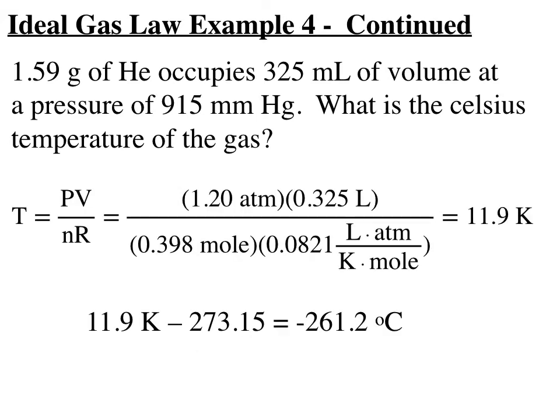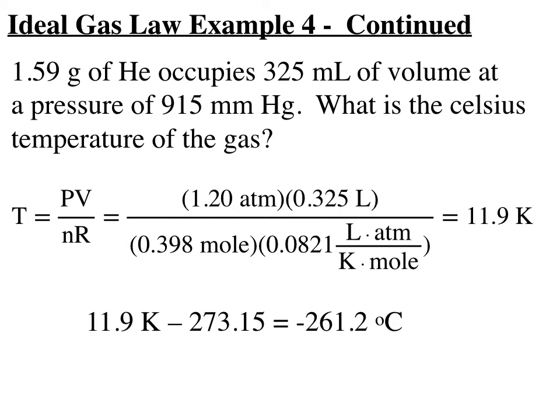Continuing the problem, example 4 that we started on the previous slide. I now have my pressure in atmospheres, my volume in liters, and my amount in moles. So I can now solve for T by putting PV divided by nR. Notice all units cancel except the temperature unit. And when I'm done, I calculate 11.9 Kelvin.